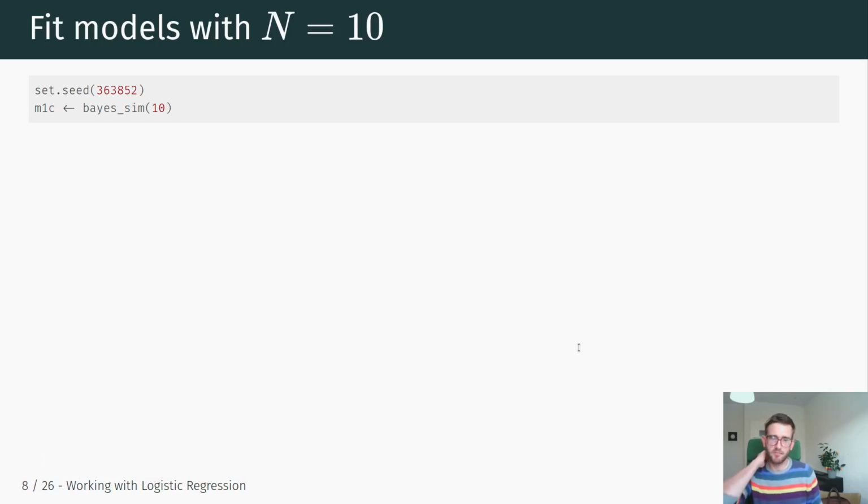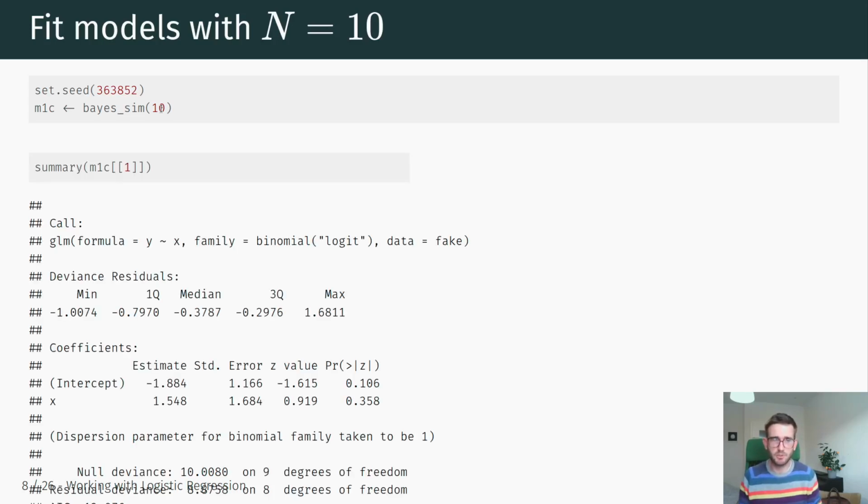Okay, and this picture becomes even more extreme when we basically leave the realm of large sample properties and the central limit theorem. Here we just have a sample size of 10. We again go through the same exercise. We just run this function with a sample size of 10 and look at the result of the frequentist GLM output and the Stan output.